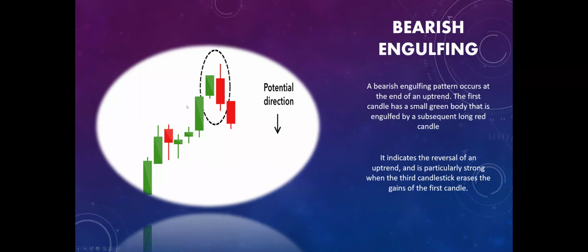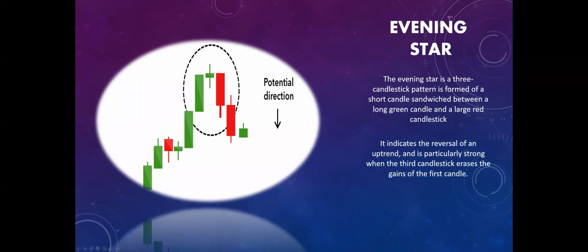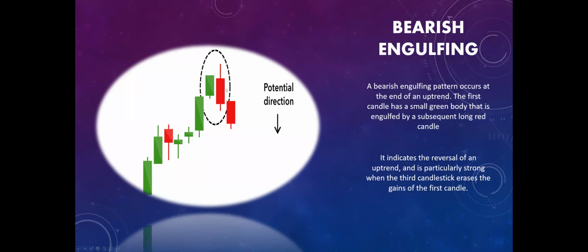This one you'll see an uptrend, then you'll see a green candle, then you see a huge red candle closed below the previous candle. As seen in the one before it, we didn't close below the candle. That's why we waited for the following candle. But in the bearish engulfing, you see this, the first red candle wiped out all the gains from the previous candle.